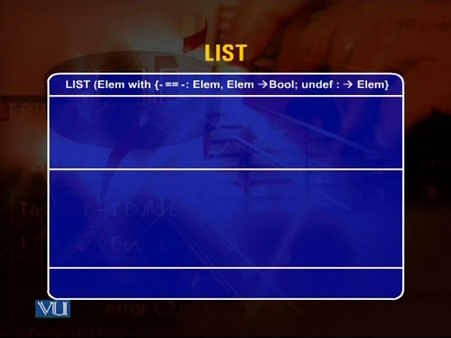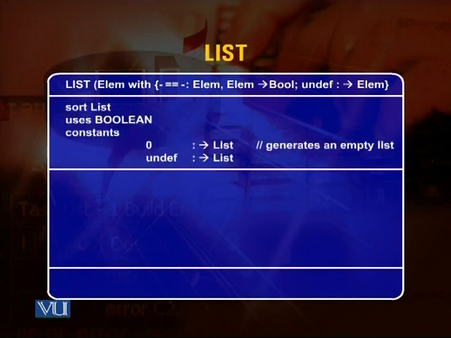The second thing that needs to be defined for this element is that we have a special element undef. If it is not defined, we should be able to have some symbol to represent an undefined element. Then we have the sort list, which uses boolean, and it has two constants: 0, which gives us a list, and undef, which also gives us a list.